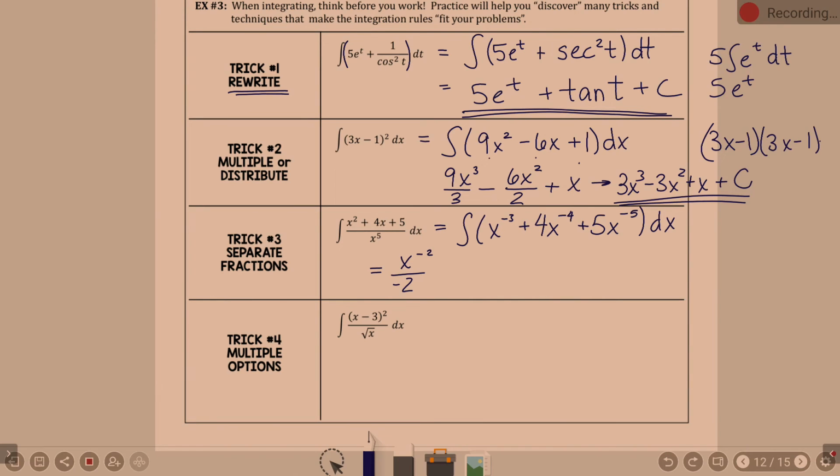Plus 4x to the negative third divided by negative 3. Plus 5x to the negative 4 divided by negative 4.